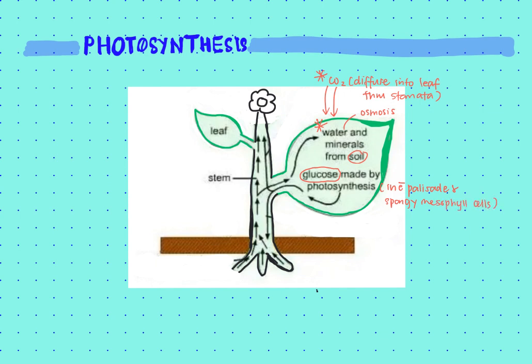Okay, and this glucose, when it's made, there are other possibilities of what will happen as well. The glucose that is made can be transported up or down in the phloem. So this one is actually transported in the form of sucrose.